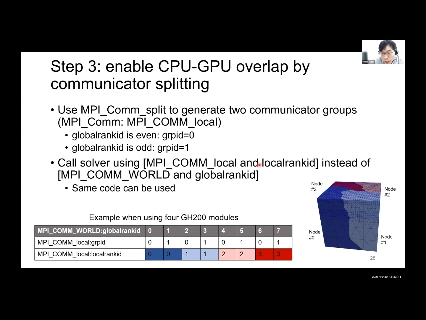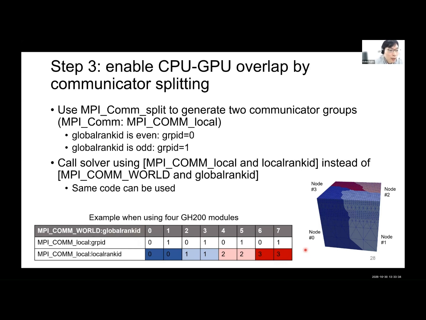So for example, if we have 4 GH200 nodes, we launch 8 global ranks, and we partition this into 2 groups. And the local rank ID becomes 0, 1, 2, and 3.